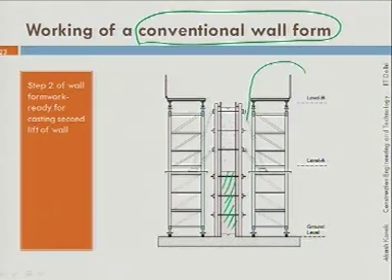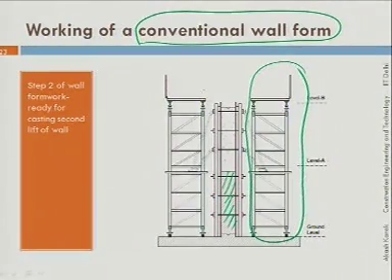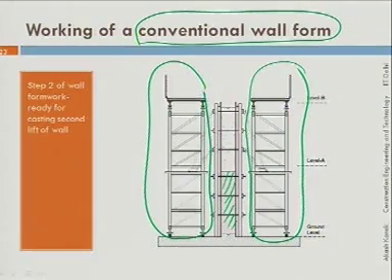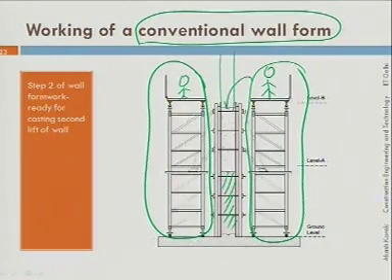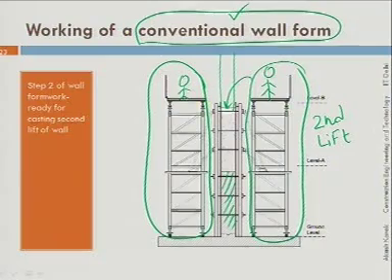You will erect staging or scaffolding either on one side or both sides up to this height, and your worker will be standing here to either tie the reinforcement or put the concrete. So this is the arrangement for the second lift in conventional wall form, the traditional thing. Is it clear to you, technology class?